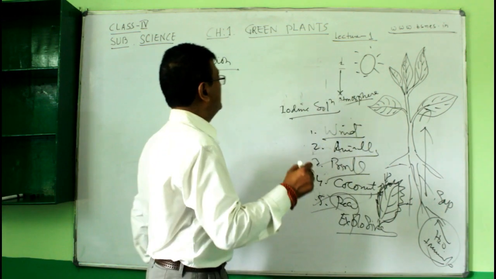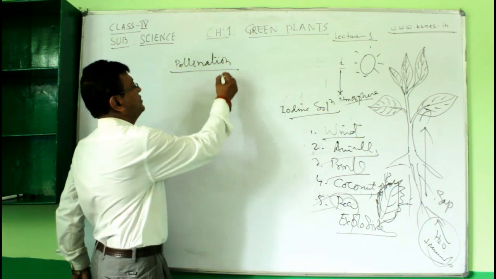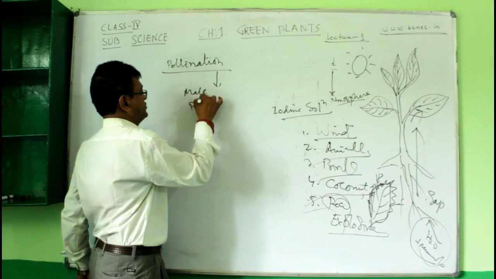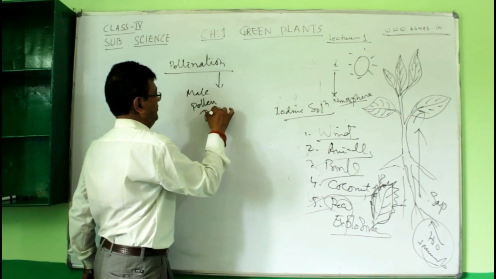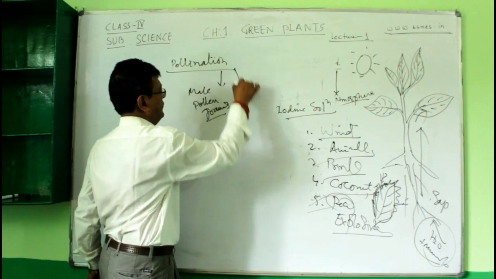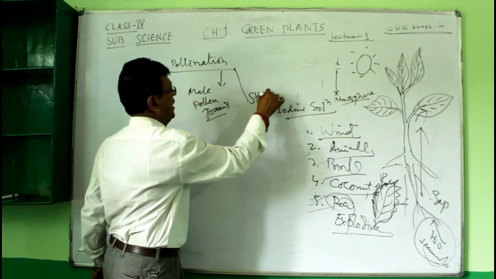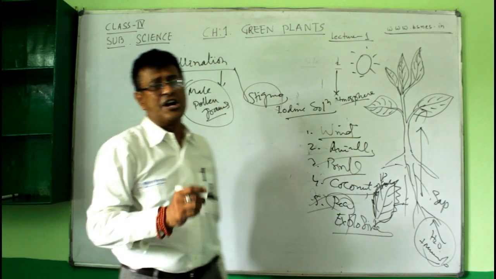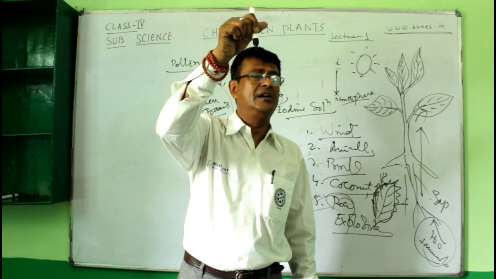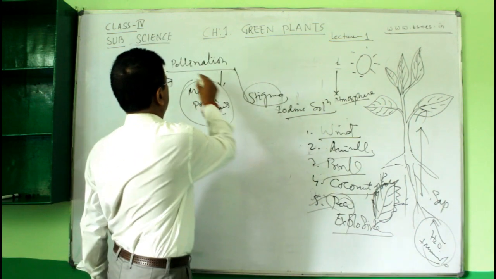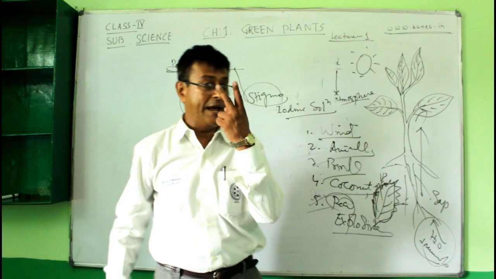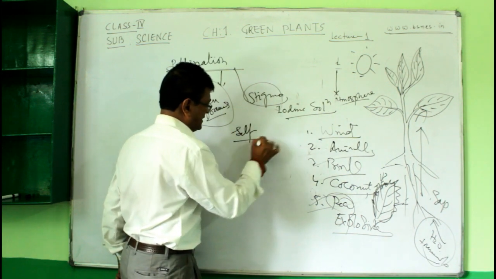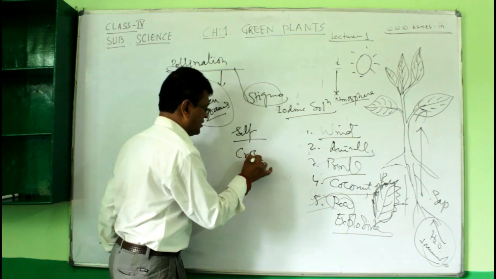See, I told you about the flowers. The flowers have a male unit, the pollen grains, and a female unit, the stigma. The male pollen grain comes and falls on the stigma, which is known as pollination. Pollination is of two types. One is self-pollination, another is cross-pollination.